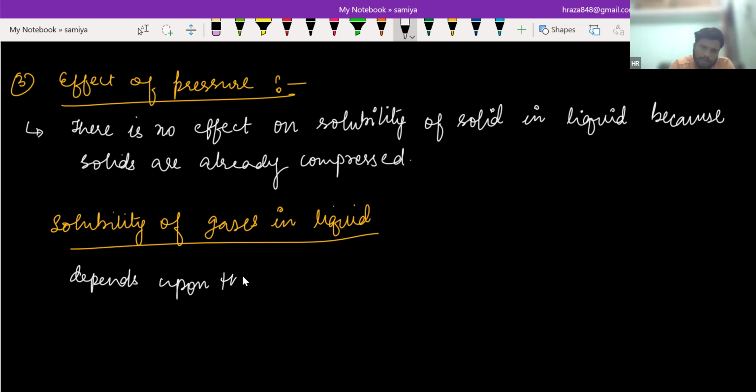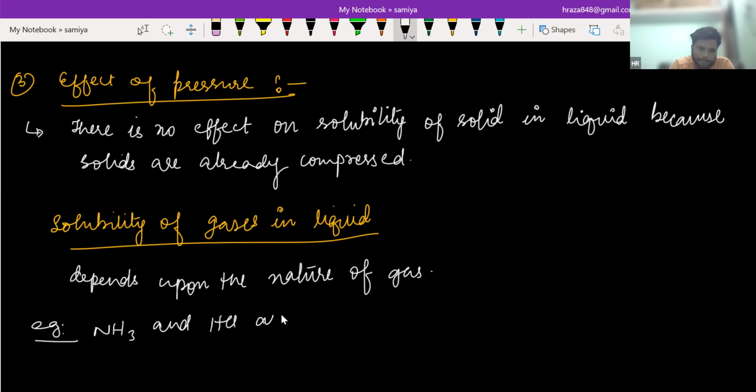For example, NH3 and HCl are highly soluble in water compared to O2, N2 and helium.